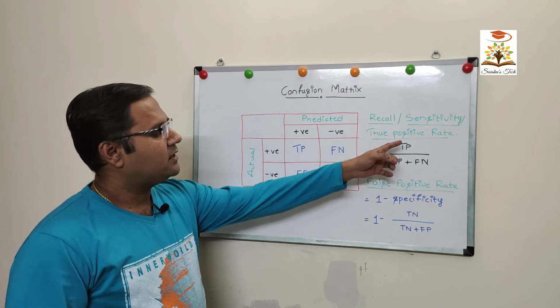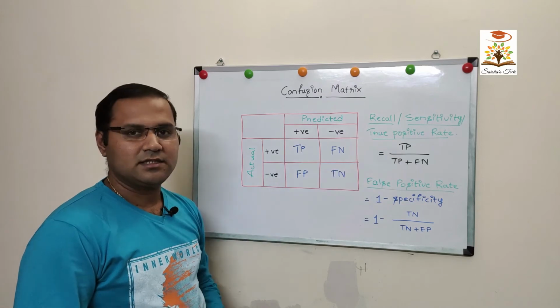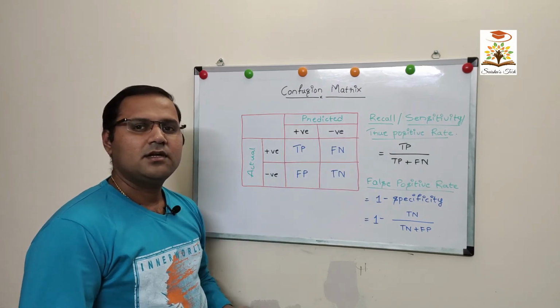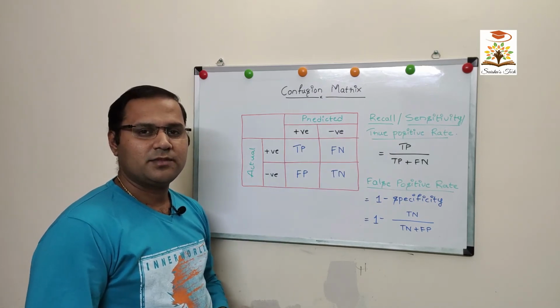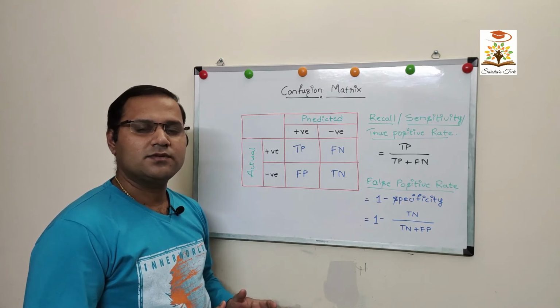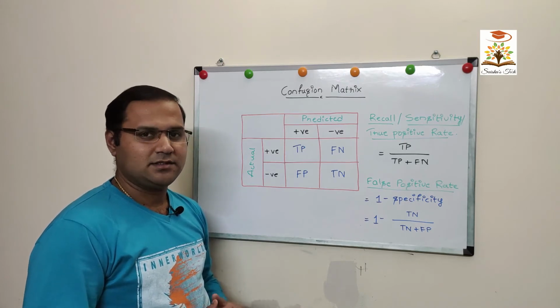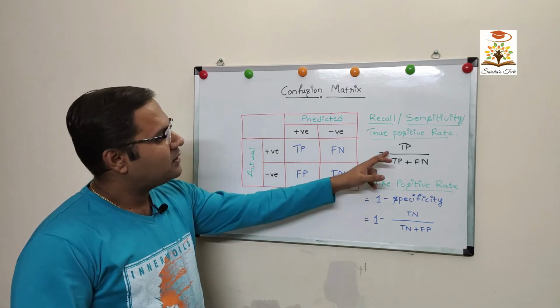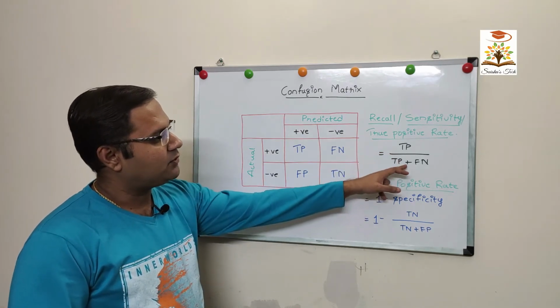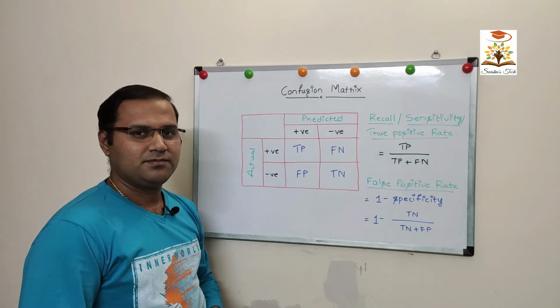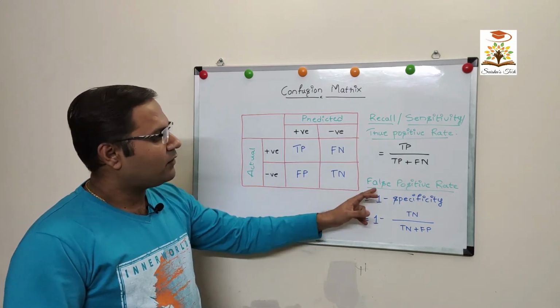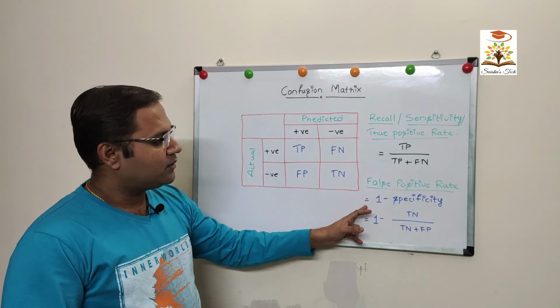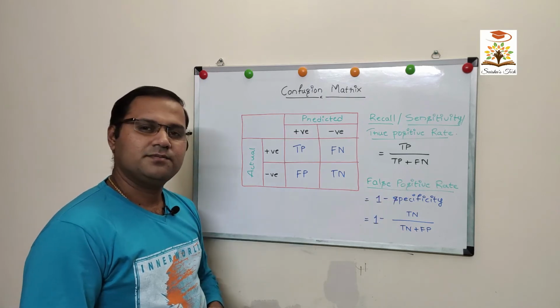True positive rate is also known as recall or sensitivity. True positive rate provides us the information of actual positives correctly identified as such. By formula, true positive rate is equal to true positive divided by true positive plus false negative. Similarly, false positive rate is equal to 1 minus specificity.